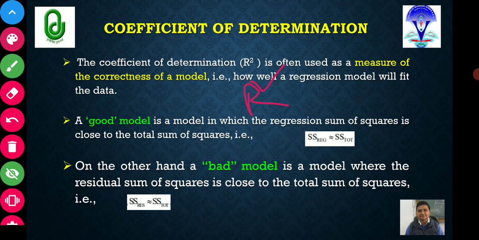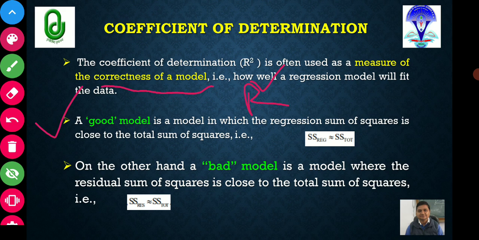I have told you this: if a particular variable is able to explain the variation in the dependent variable, so how much variation is getting explained by the independent variable? If a particular measure is measuring that, that means this measure is able to explain the correctness of the model, whether the model is good or bad. So this coefficient of determination is measuring the correctness of the model.